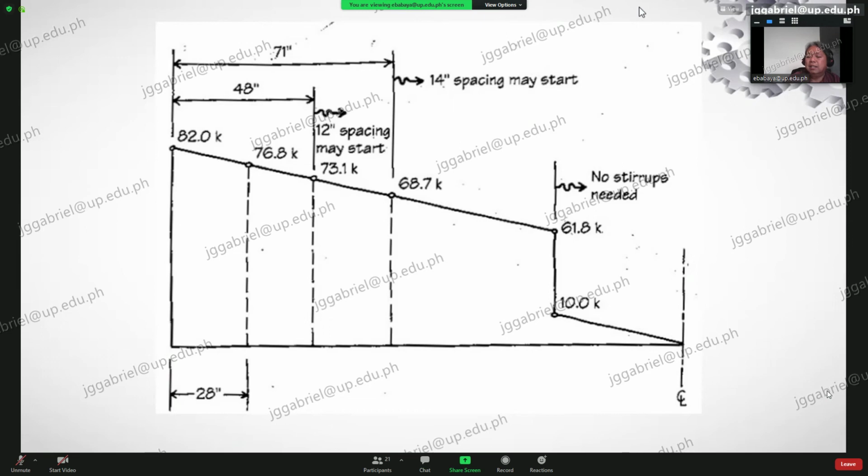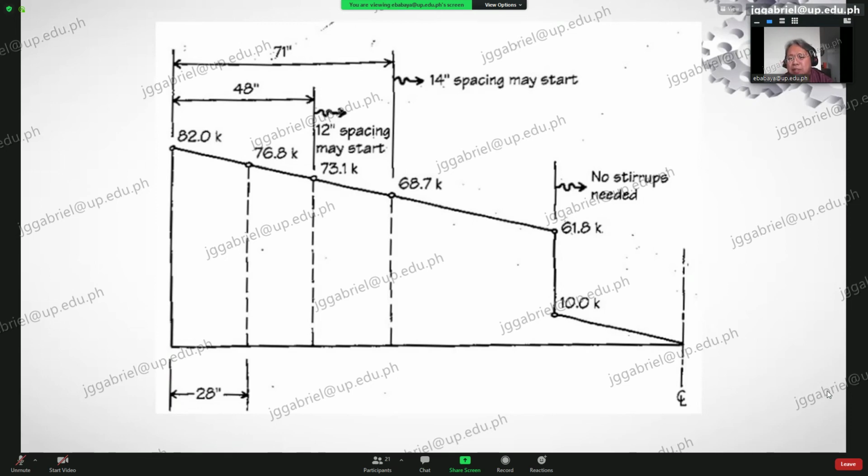Now, of course, ultimately, it's your structural engineer who will finalize yung ganyan. Pero of course, meron na kayong idea dapat sa preliminary design. You need to do that sa preliminary design. Tama. Tapos there are buildings na very simple na perhaps you can do the preliminary but then it's almost the final.